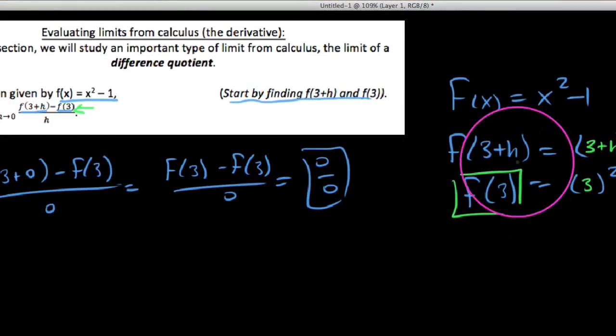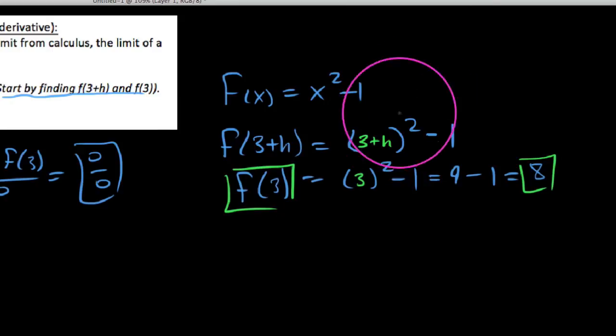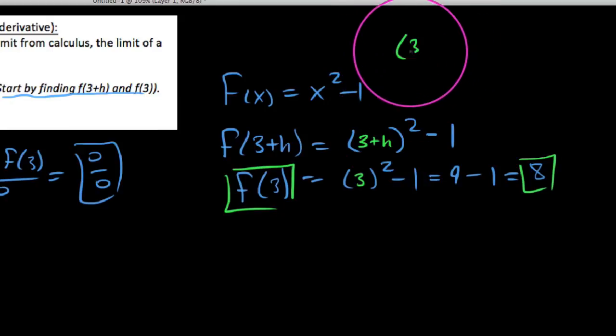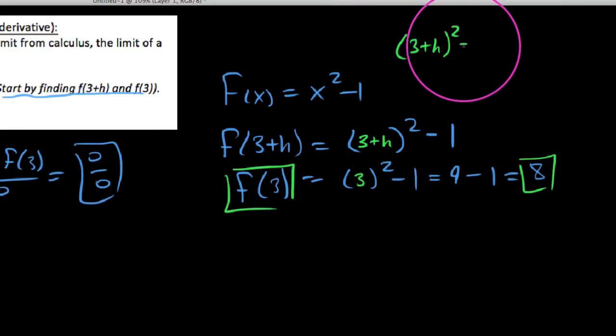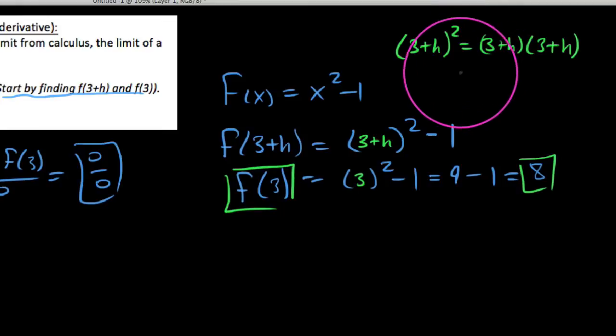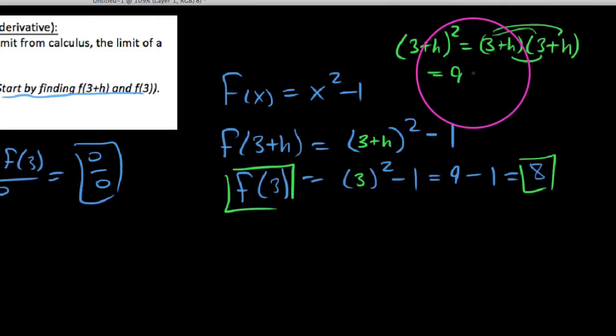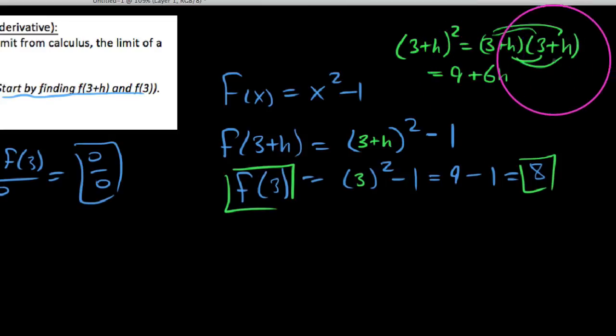And then the other thing I want to find is the value of f of 3 plus h. If I were to do this here, I'd have to FOIL out, or at least expand the binomial 3 plus h, which is 3 plus h times itself. I was going to do a binomial expansion, but I'm not sure everybody tuning in would know how I got my answer. So 3 times 3 is 9. We have 3 times h and 3 times h, two of those, so 6 total h's, and then plus h squared.